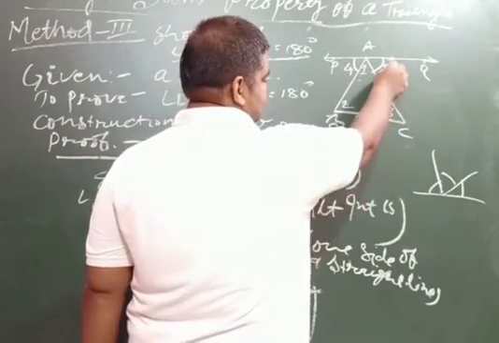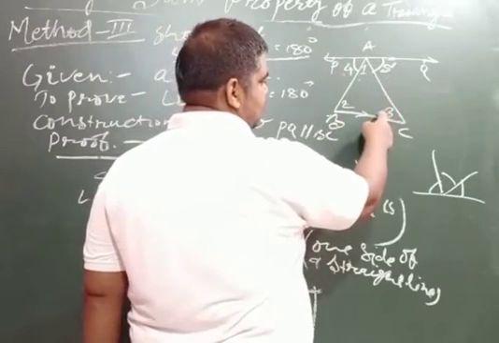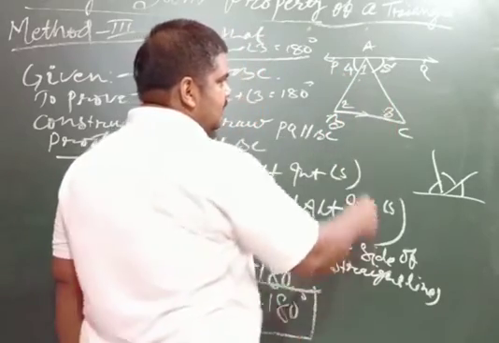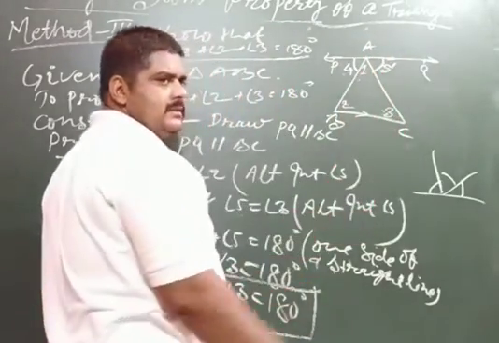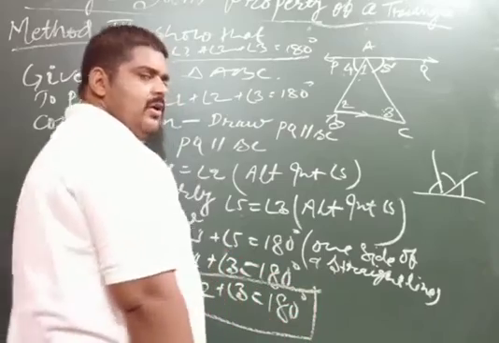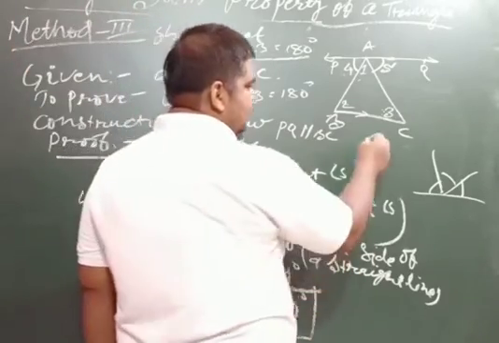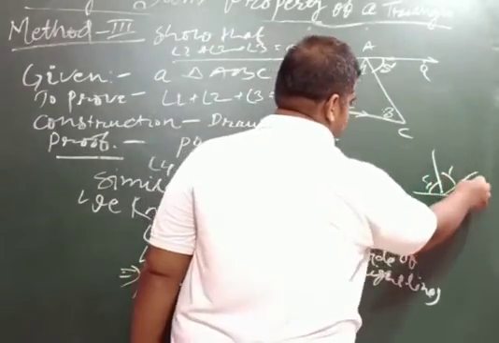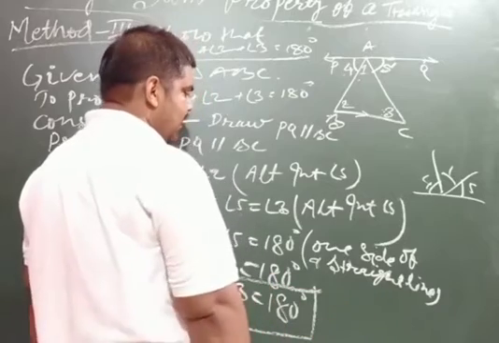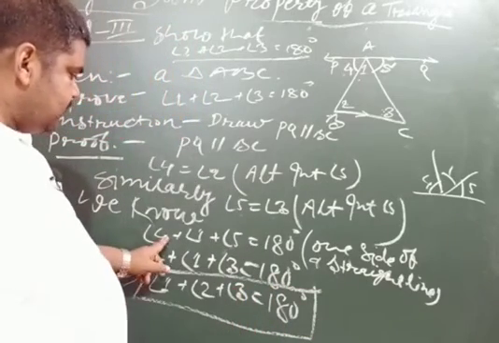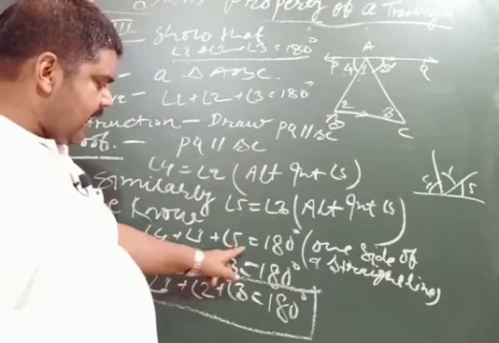I also know that all the angles formed on the same side of a straight line must sum to 180 degrees, so I write angle 4 plus angle 1 plus angle 5 is equal to 180 degrees.